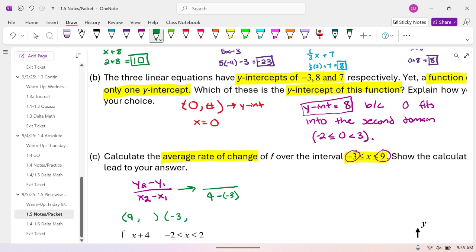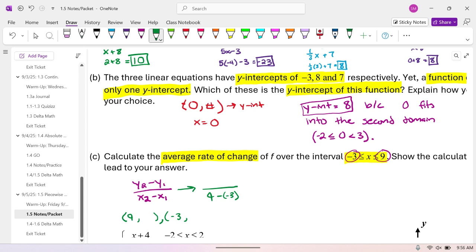Now, we need to figure out the y values. How can we do that? What have we been doing pretty much all this class so far? We're plugging it in for x. So we're going to take each of these numbers, plug it in for the domains, and evaluate.